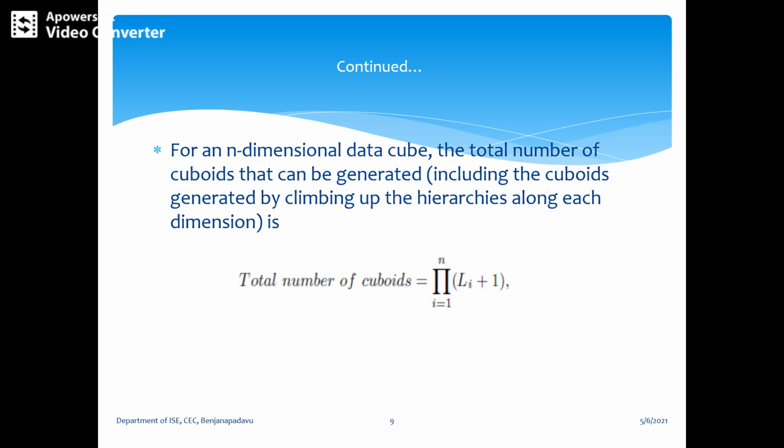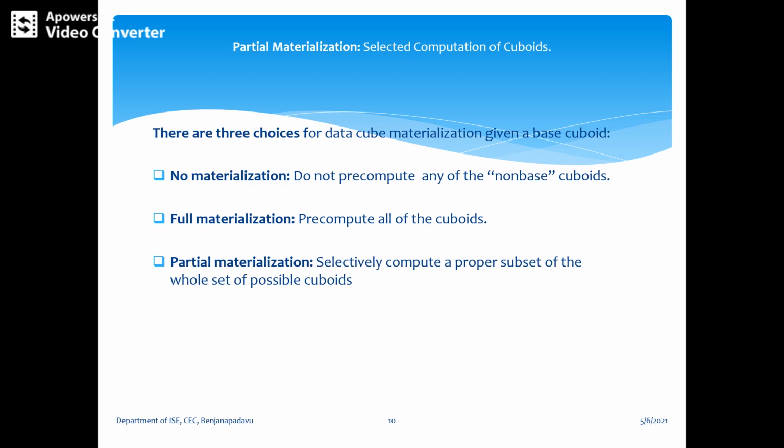So this is about the number of cuboids for an n-dimensional data cube. Another concept is partial materialization, where cuboids are selected for computation. By now we probably realize that it's unrealistic to pre-compute and materialize all the cuboids that can possibly be generated for a data cube.